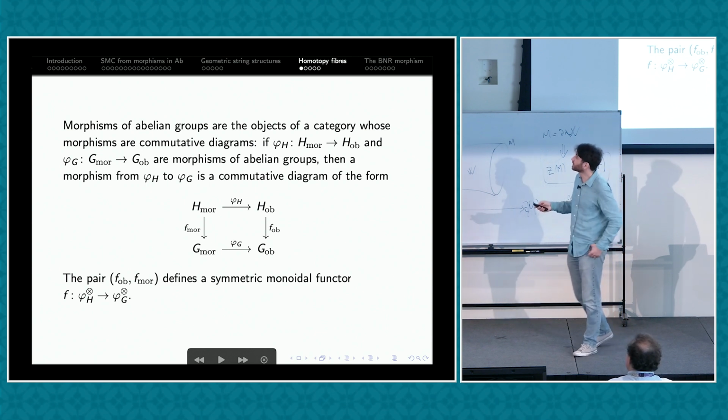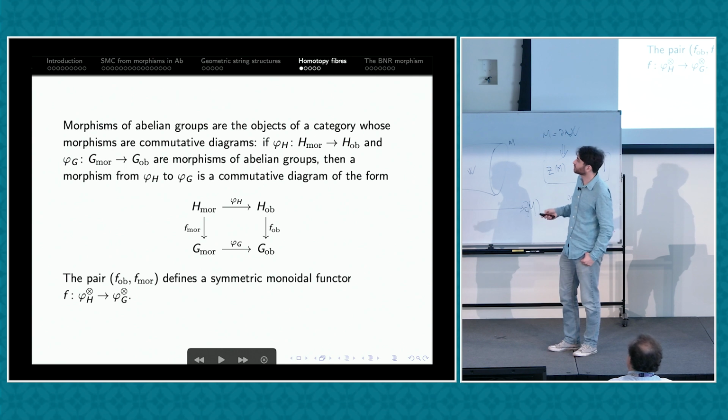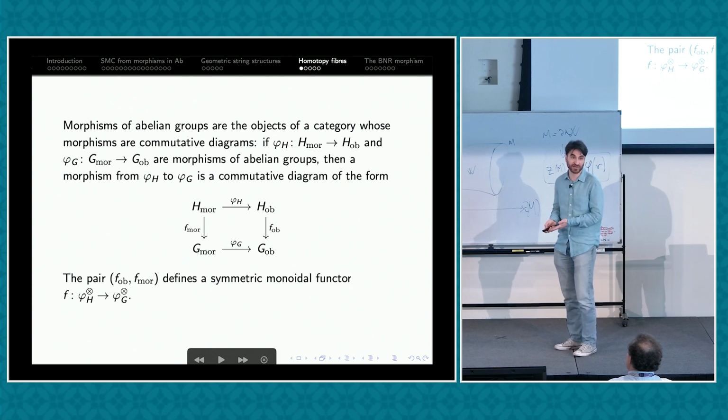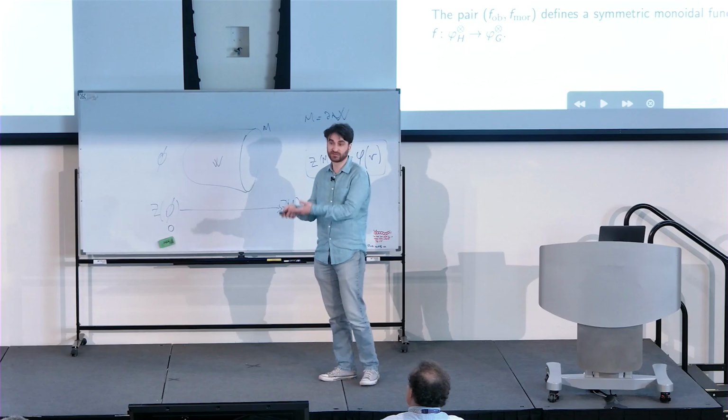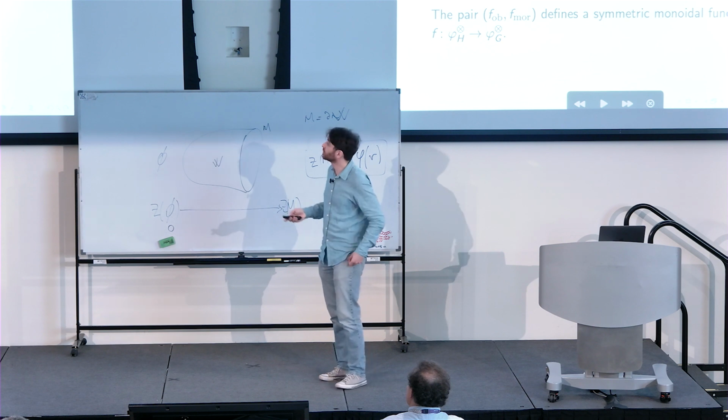And when I am in this situation, so I have 2 symmetric monoidal categories and a symmetric monoidal functor, I can take the homotopy fiber of this to get a 3rd symmetric monoidal category. So what is that?